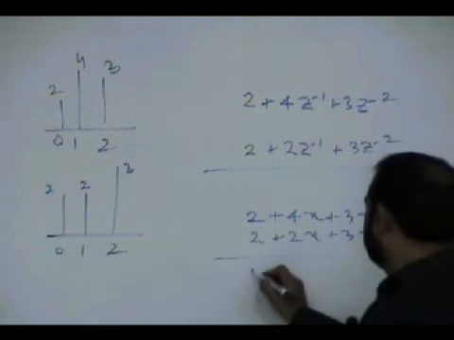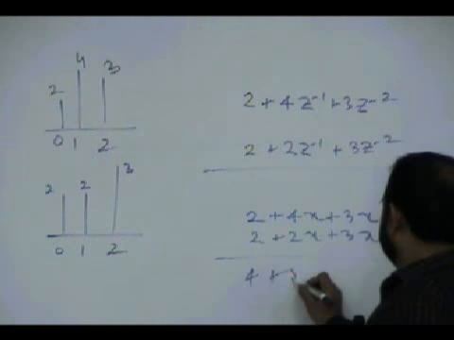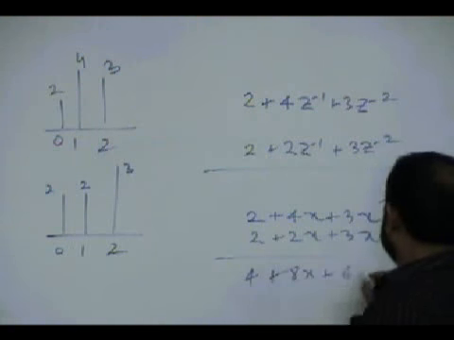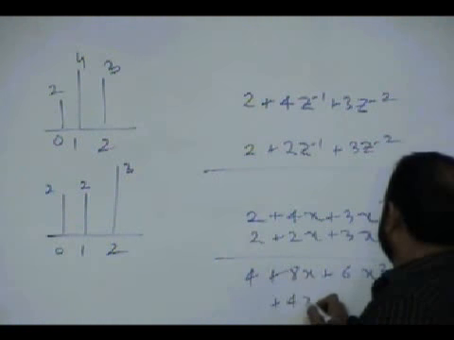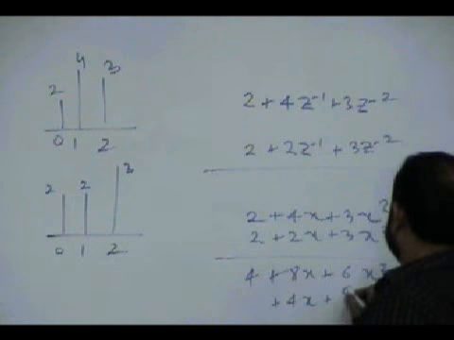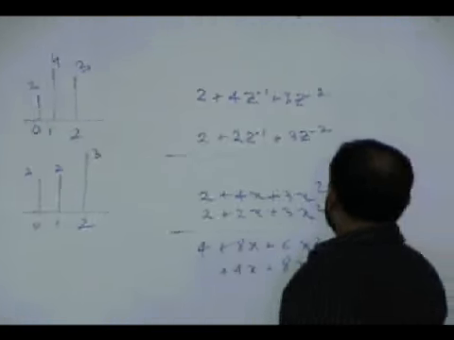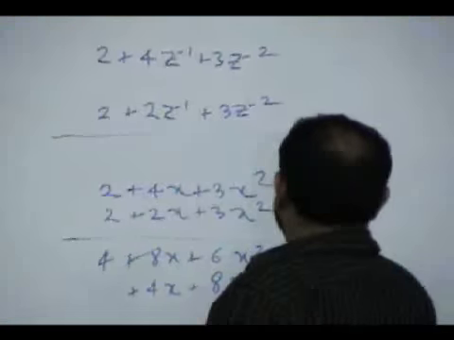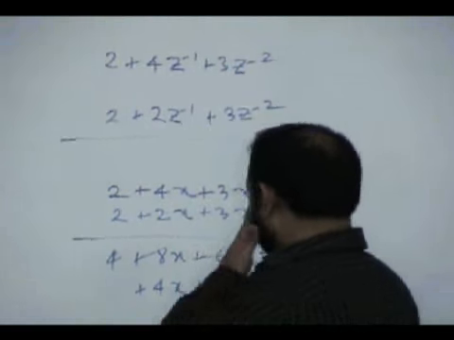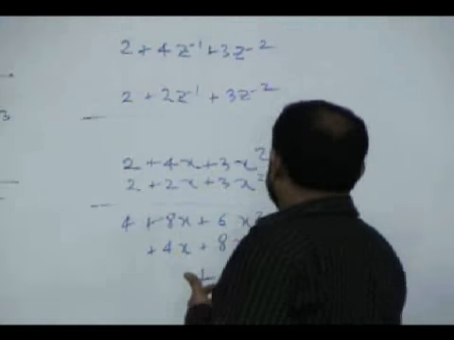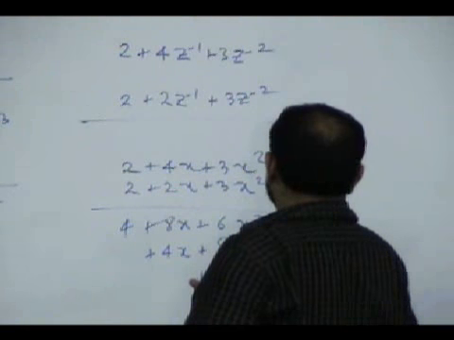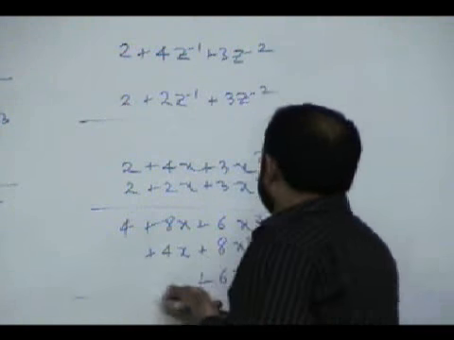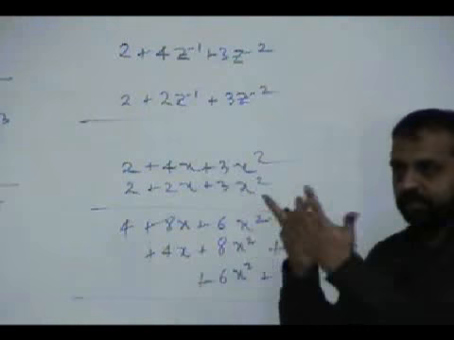2 2's are 4, 2 4's are 8X, plus 6X square, then plus 2 2's are 4X plus 8X square plus 6X cube plus 6X square plus 12X cube plus, and this is really the flip and drag that you do otherwise.